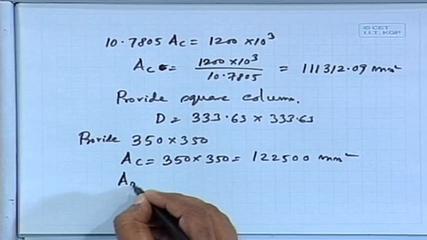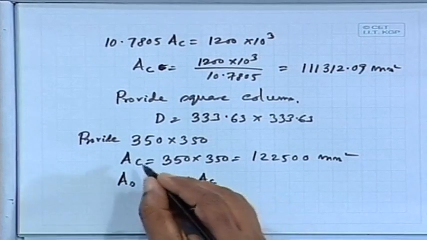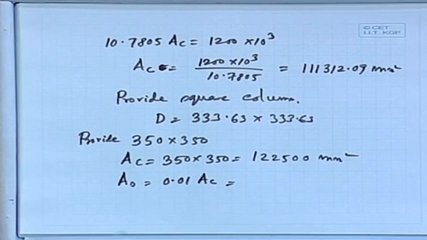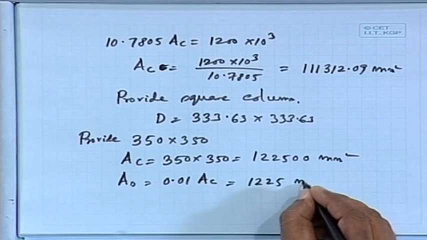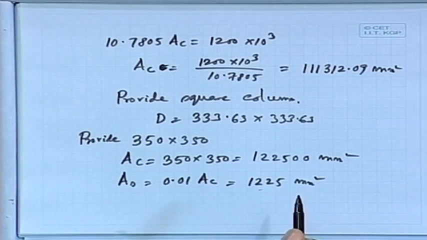AS equal to 0.01 times AC, because we are providing this one. So, 0.01 times AC is 1225 square millimeter. So, AS equal to 1225 square millimeter.